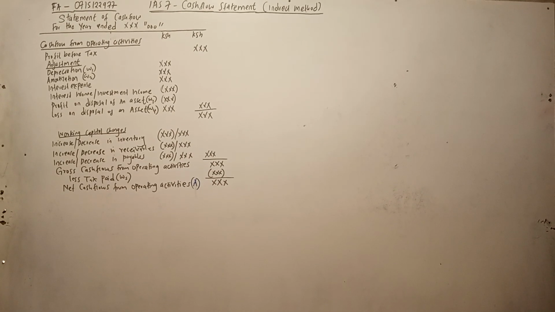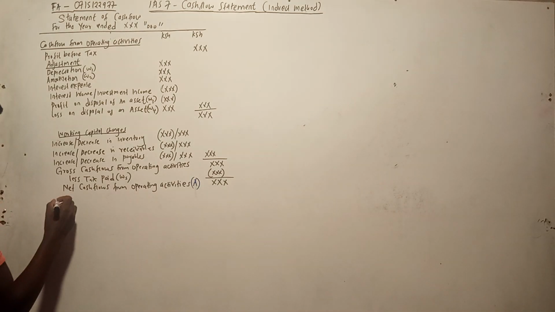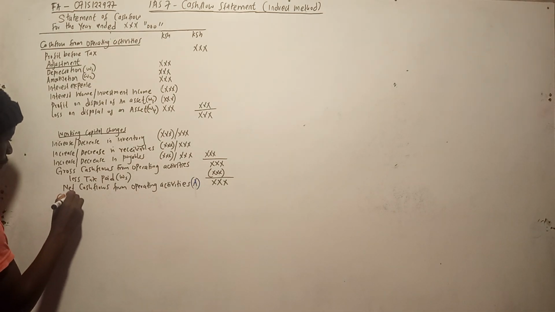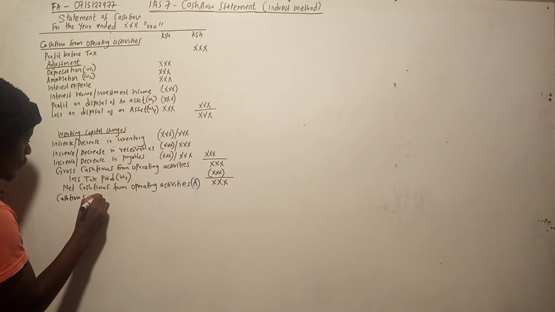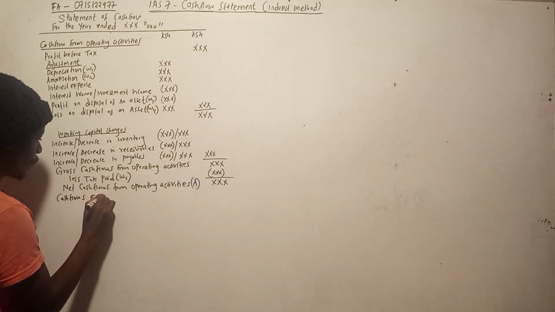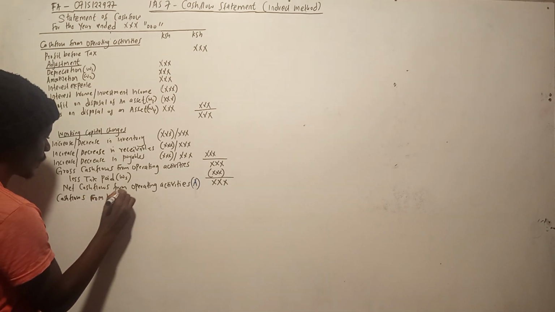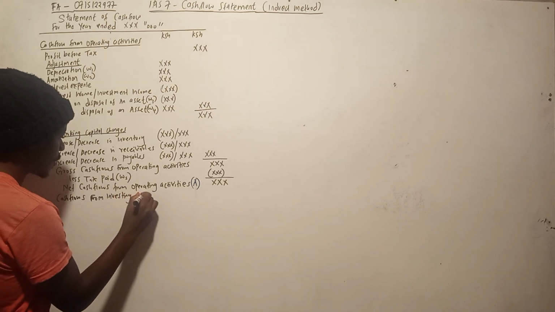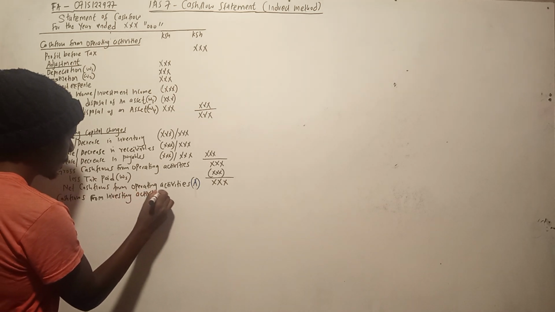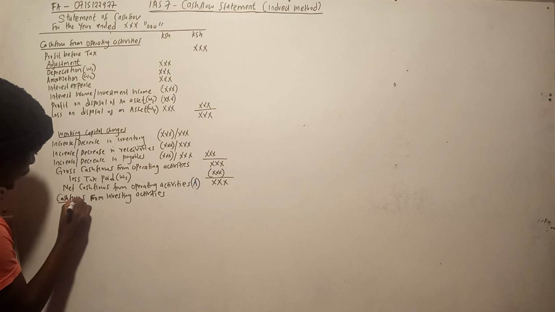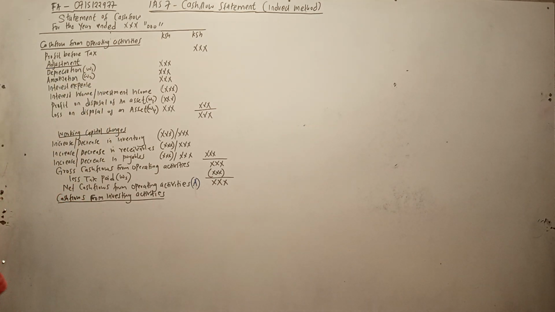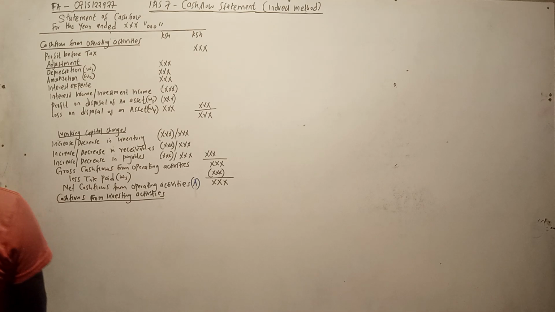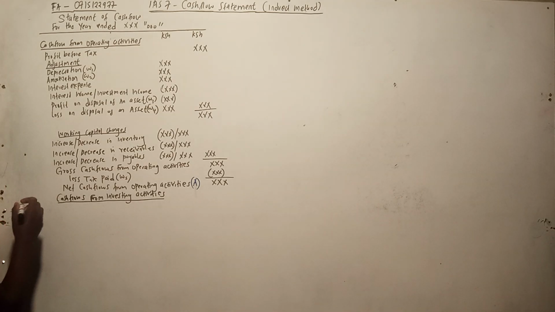Number 2, you can go to cash flow from investing activities. Cash flow from investing activities, and we can have sales, proceeds of an asset.